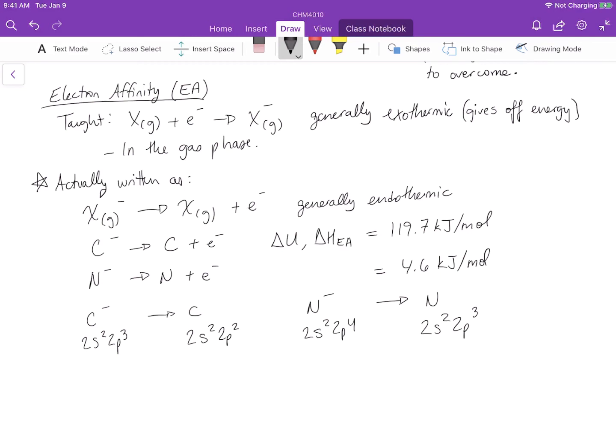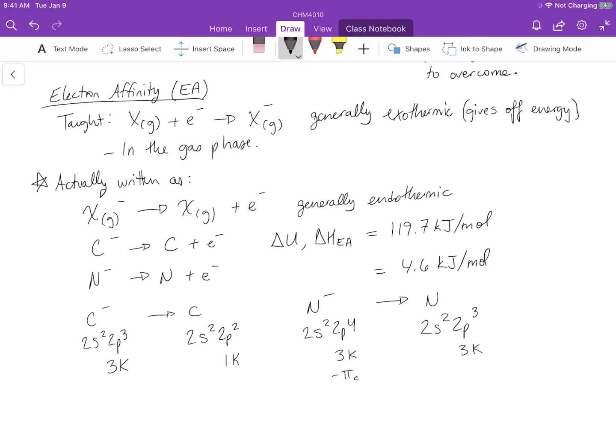So in nitrogen, well, let's start with carbon. So in our p's, we have 3K of exchange here. We have 1K of exchange here. In nitrogen, we have 3K of exchange in both. But for nitrogen minus, we also have a repulsion.